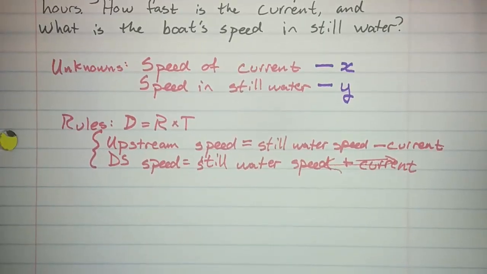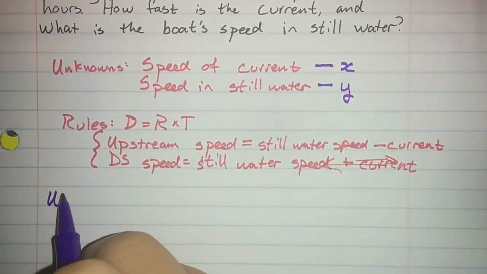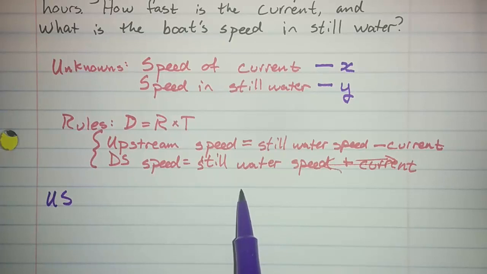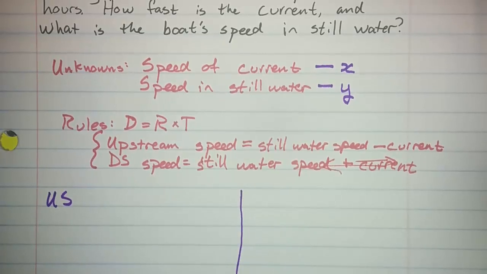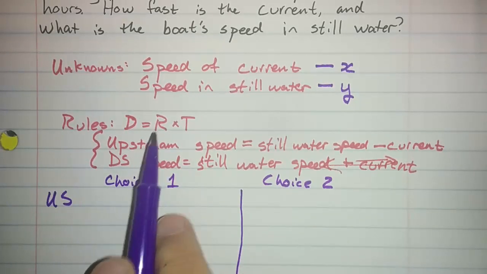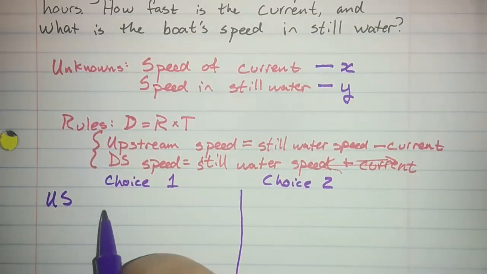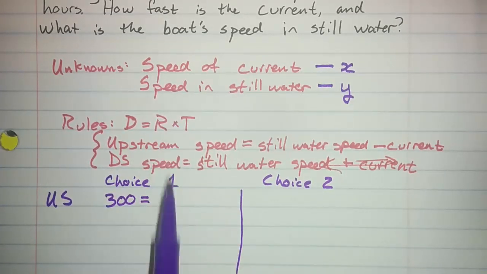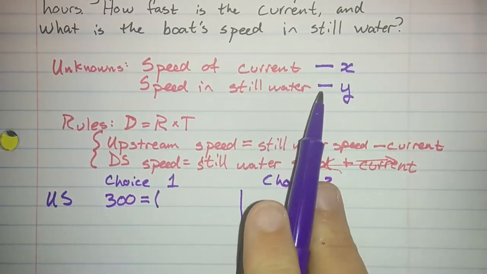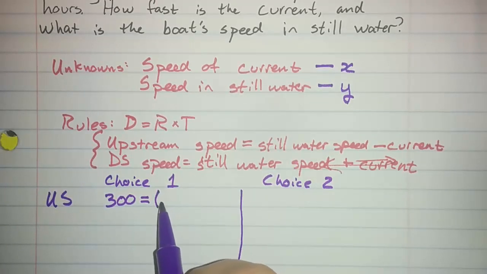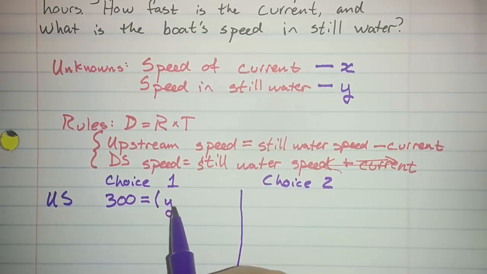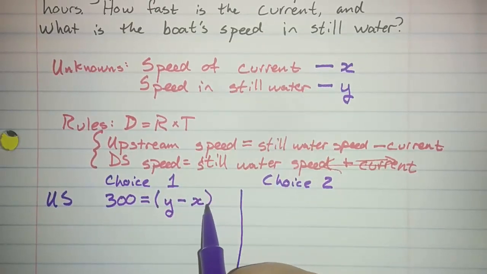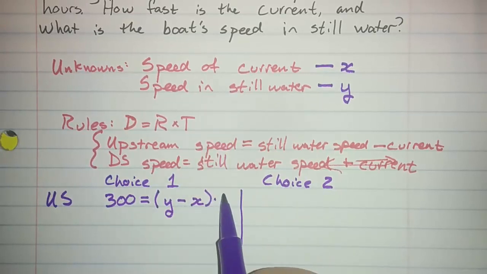All right, so for the upstream rule, there are two possible equations you could have written. You could have chosen to say that the distance I go upstream is the speed at which I go upstream, which is my speed in still water minus the current speed, times the time that I go upstream, which is 10 hours.